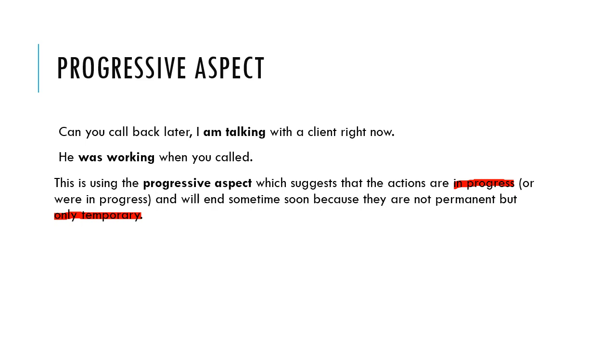For the verb forms, we will have to be plus verb ing for the progressive aspect. Both of the sentences have progressive aspect, but they have different tense. The first one is present progressive, and the second one is past progressive.